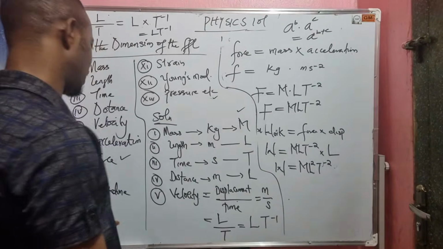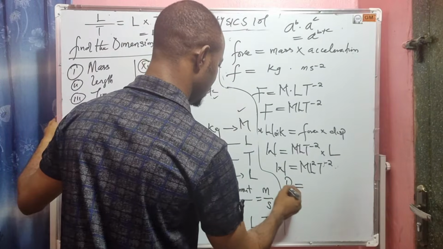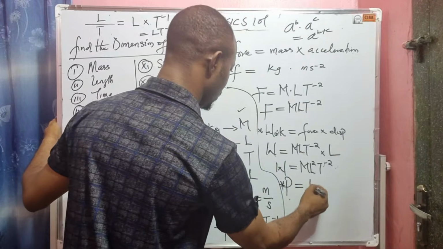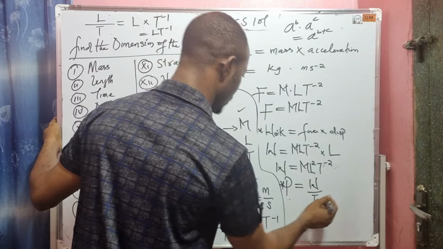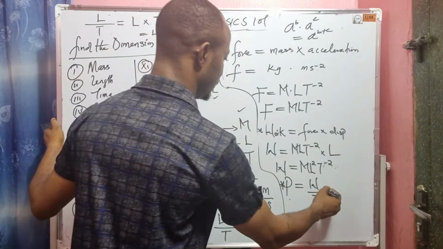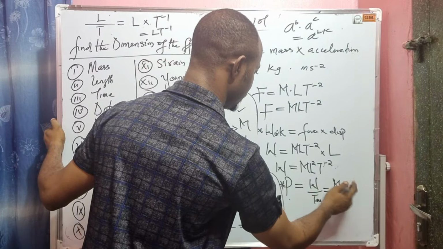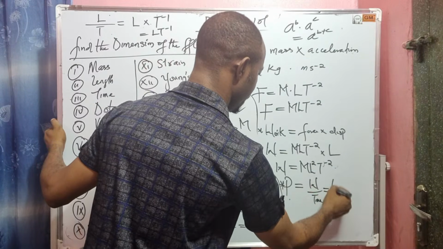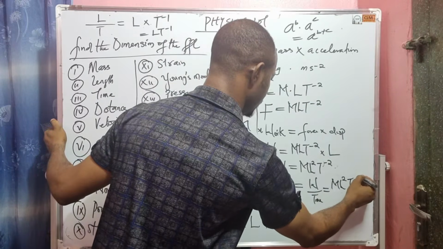Alright, so the next one is power. Power is simply work done over time. Already we have solved the dimension of work as ML squared T minus 2.